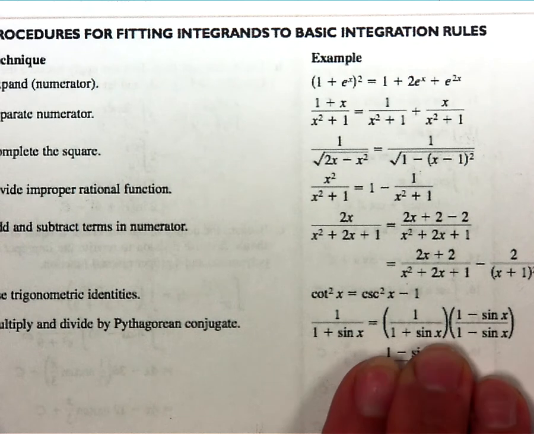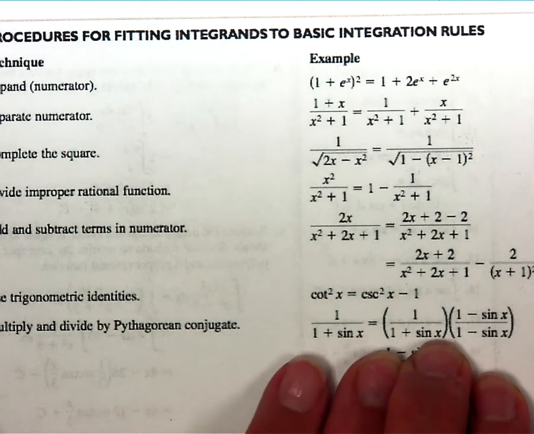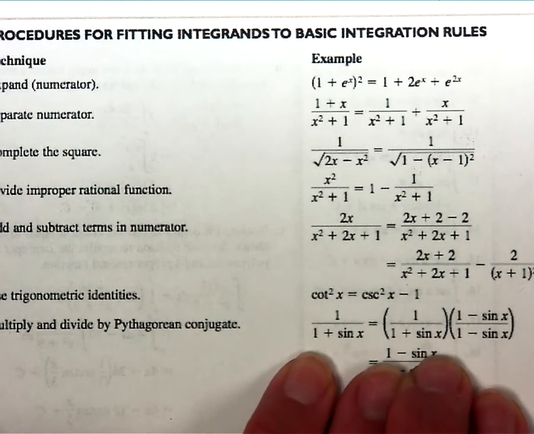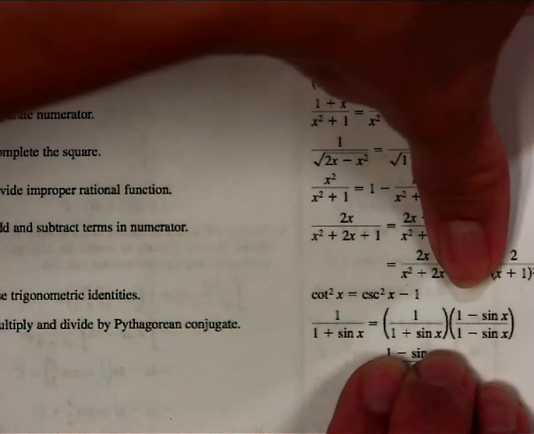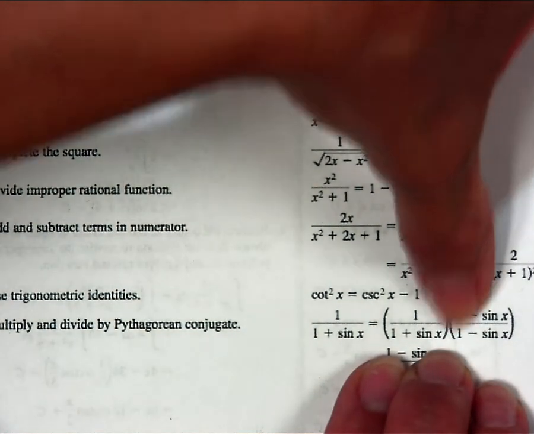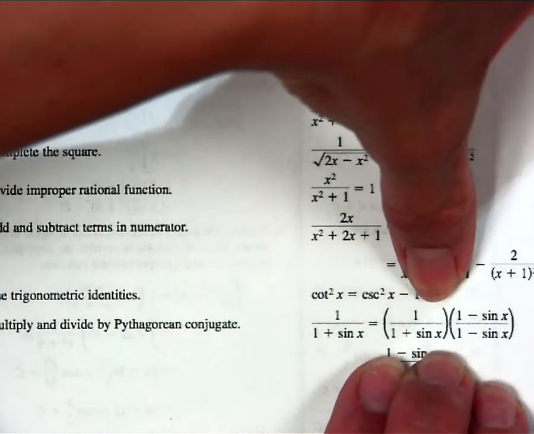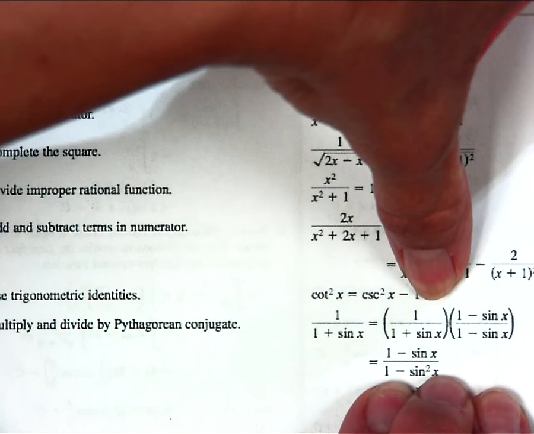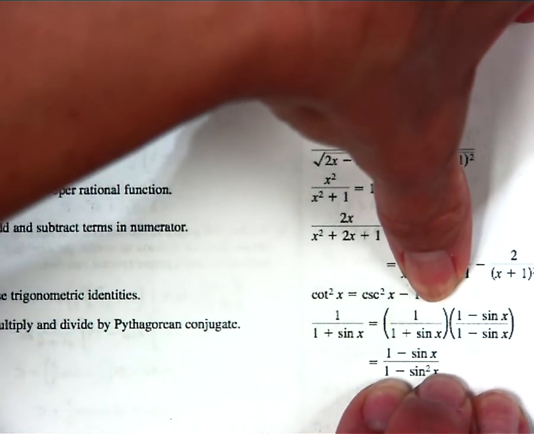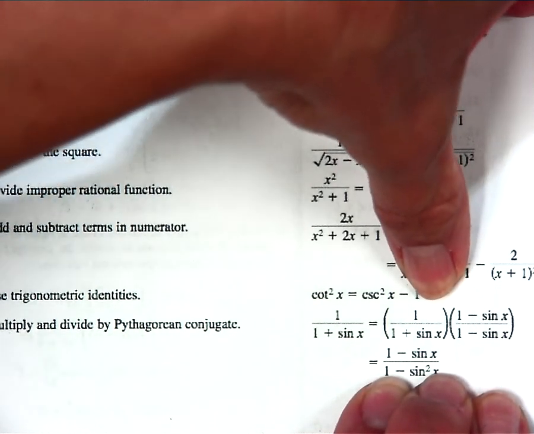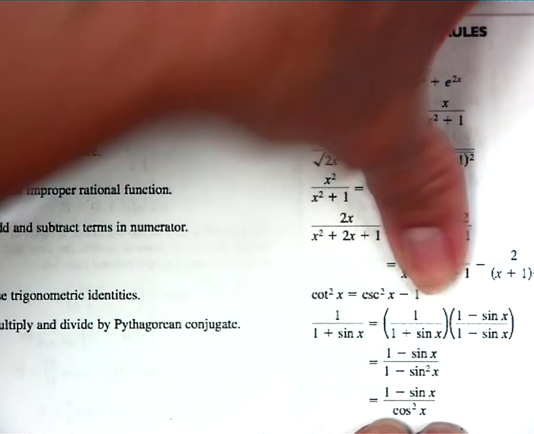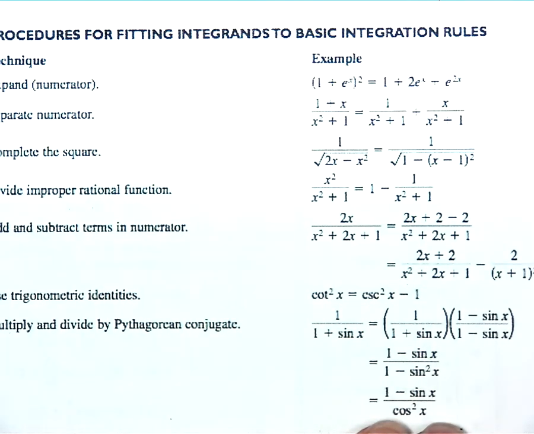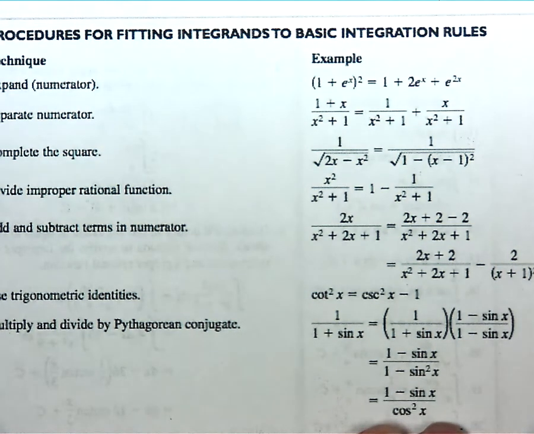Okay. Why does that help? Well, if my denominator is 1 plus sine x, and I multiply the whole fraction by 1 minus sine x over 1 minus sine x, the denominator becomes a Pythagorean identity. And if I have a Pythagorean identity, I can put a single term in the denominator, and then I can split it if I need to.